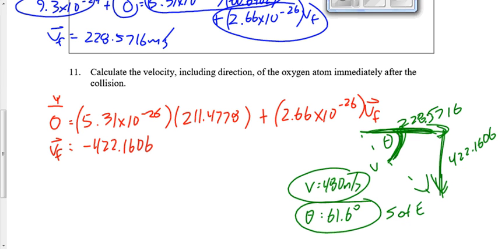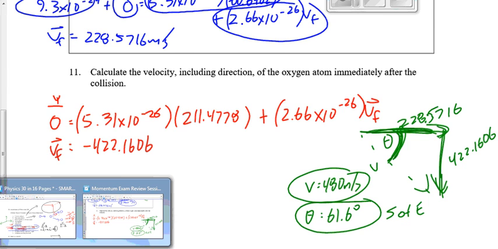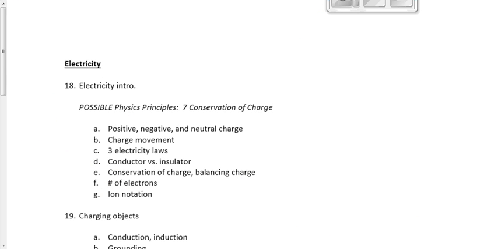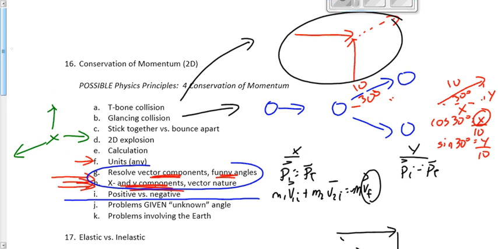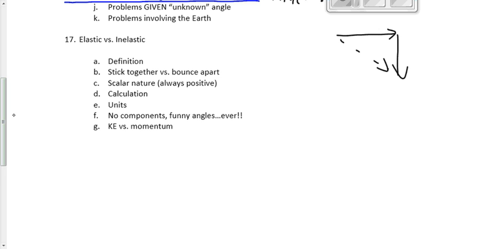All right, let's take a look at our last thing here, which is elastic and inelastic collisions now. Just a couple quick little reminders. An elastic collision, remember, is a collision in which kinetic energy is conserved. Remember, if they stick together, it's always inelastic.